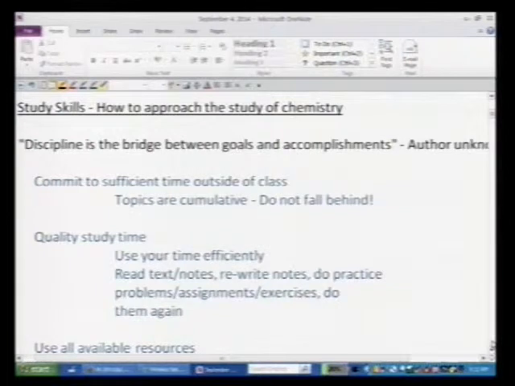Okay? So the assignments that are posted on the Nexus course site are designed, so there's assignments and then just exercises. The exercises are designed as practice. If you don't practice, you won't get it. Okay? Unless you're just one of those people who can read it once and you're good to go.